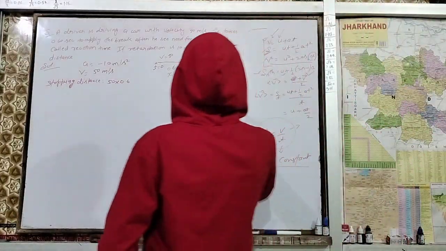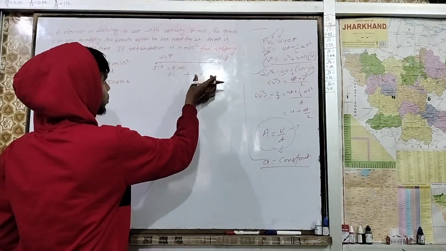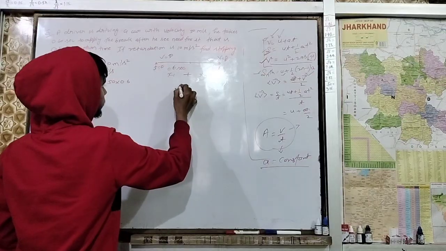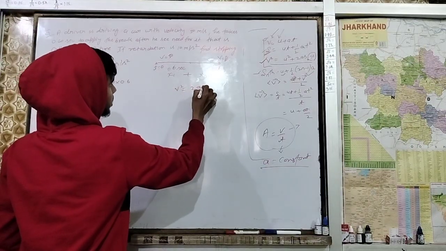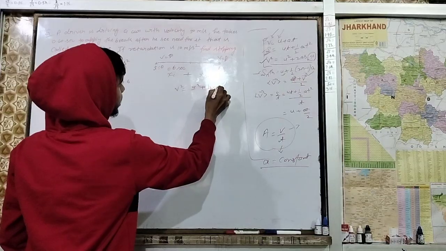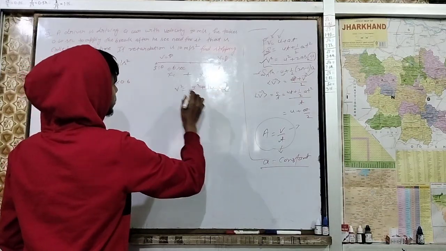Next, this is our x2. To calculate x2, we can use this formula: v squared is equal to u squared plus 2as. So s we are considering as x2.